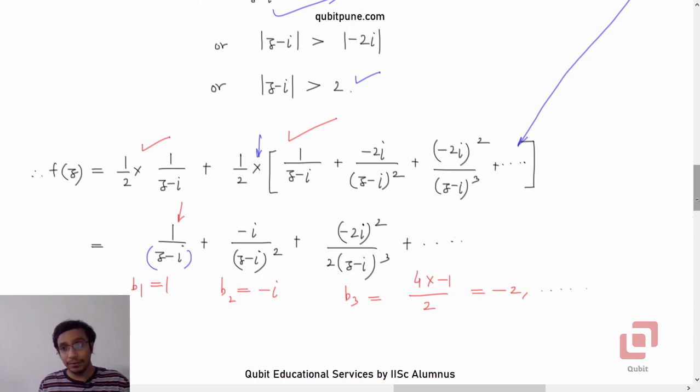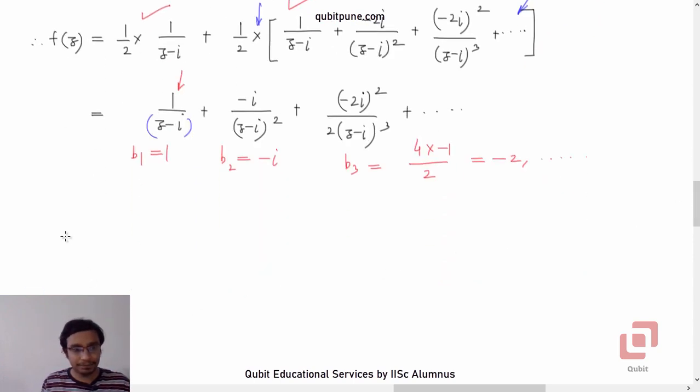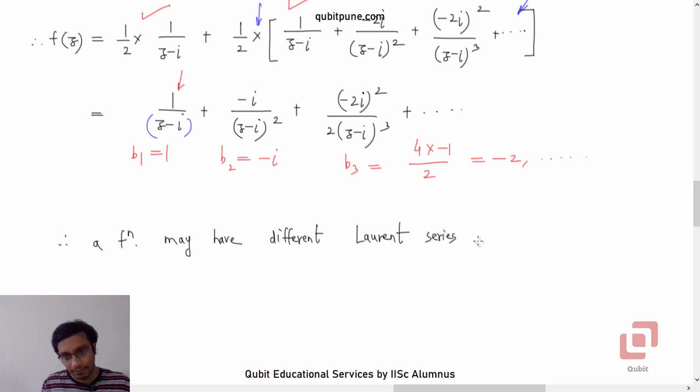Therefore a function may have different Laurent series in different regions of convergence.